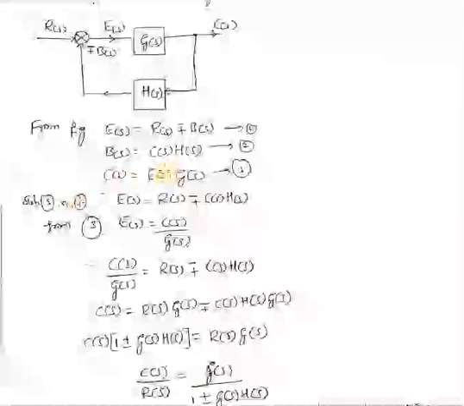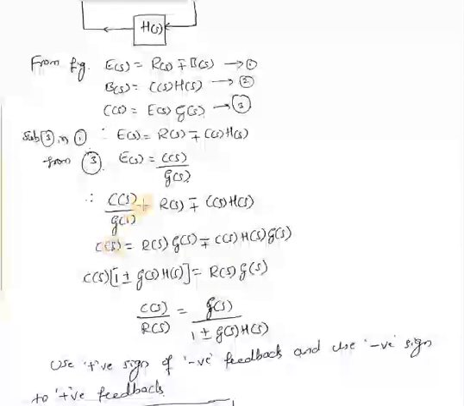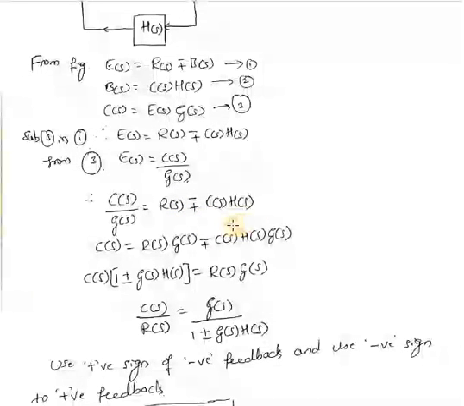So substituting equation number 3 in 1, we get E of s, and from equation number 3 we get the value of E of s. So C of s divided by G of s will be R of s plus or minus C of s into H of s. Now simplify this to get the transfer function.